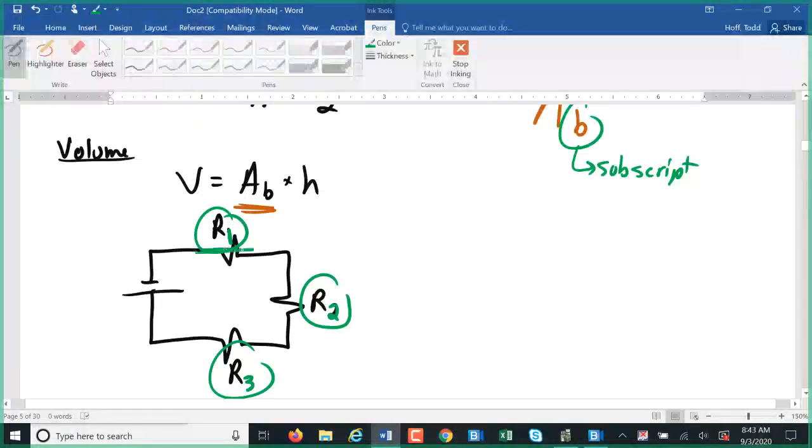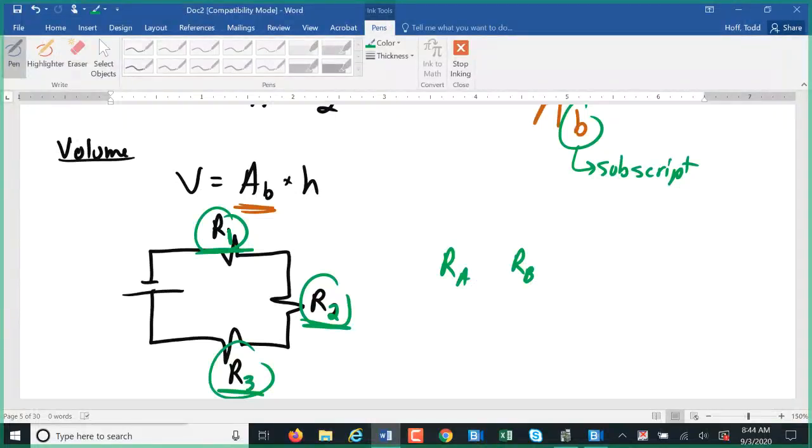This is the first resistance, or resistor number 1. This is resistor number 2, or the second resistance. And this is resistor number 3. So that they are different. We try to use letters that have meaning, like R for resistance or resistor. But in order to keep that straight, if we have more than one resistance, we have to have a way to separate them. So we might use R1, R2, R3, or RA, RB, RC, something like that. That subscript is used to signify that is a different variable than the other R's with a different subscript.